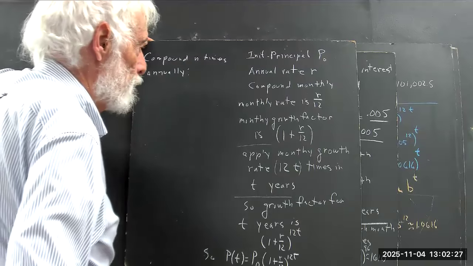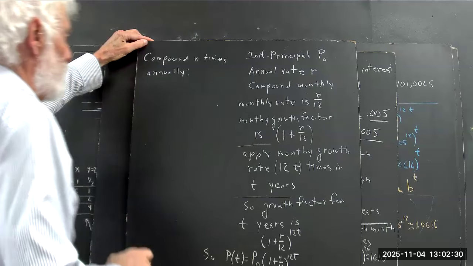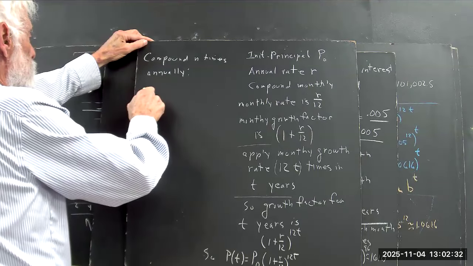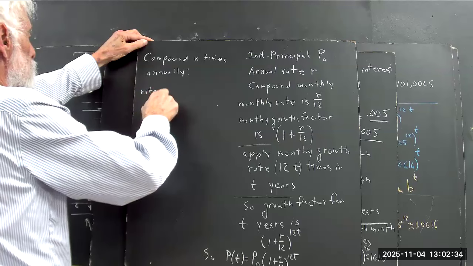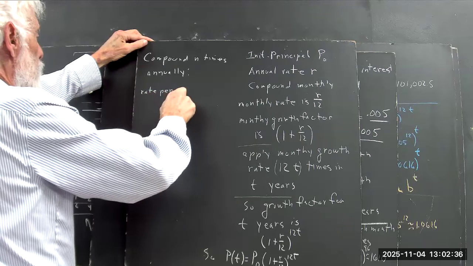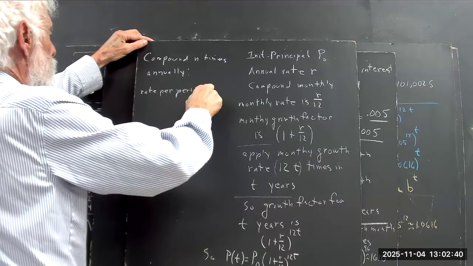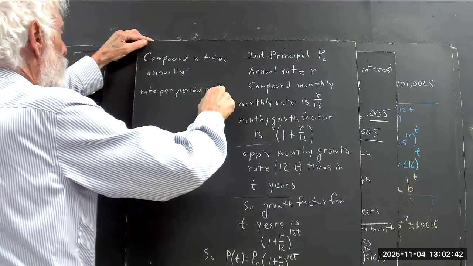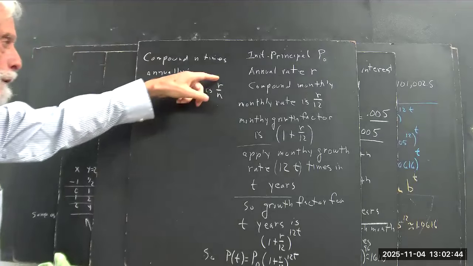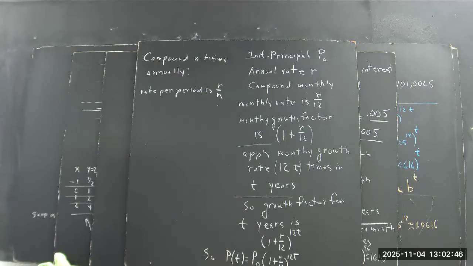Compound n times annually. The rate per period is R divided by n.